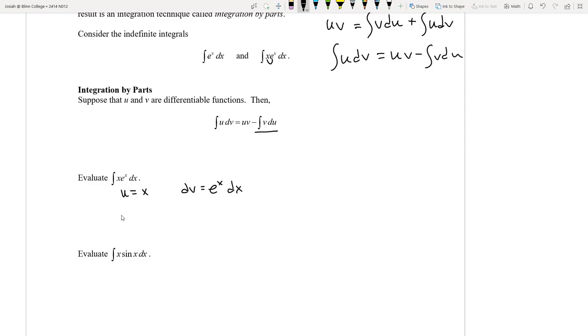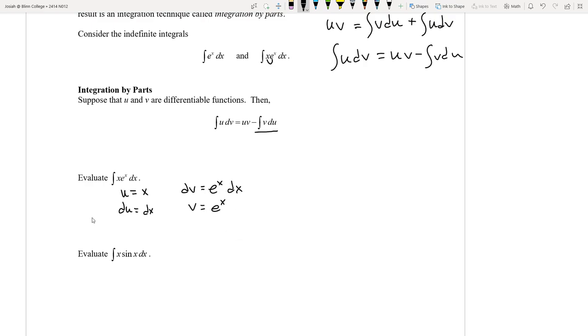And so on the left side here, we've got du is going to be dx. On the right here, we have to integrate. So v will be equal to the integral of this, which would just be e to the x.